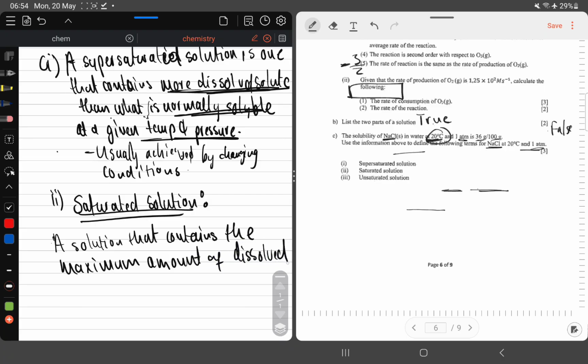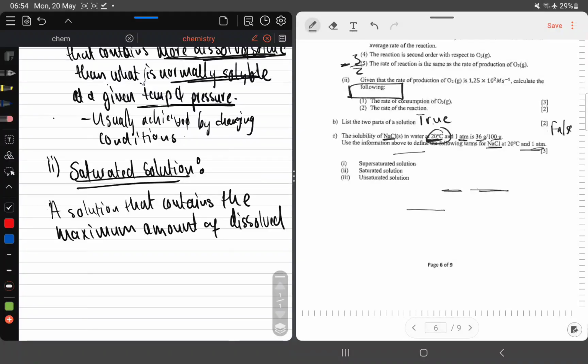Here we said in supersaturated, it has more than the maximum. In here, it actually contains the maximum amount of dissolved solid at a given temperature, okay.